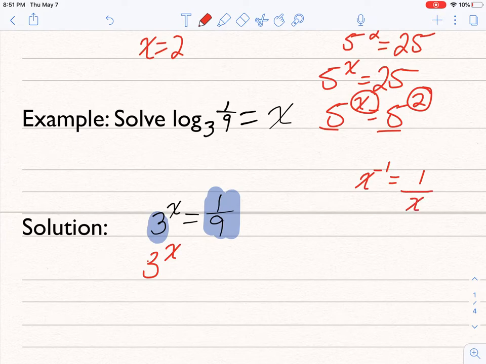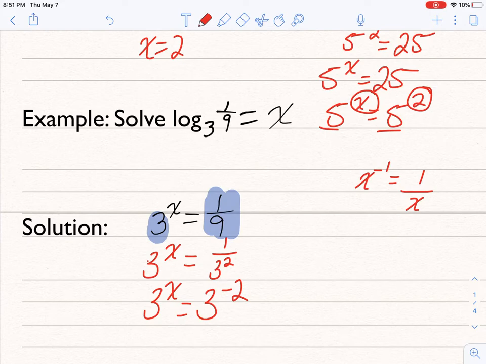Negative exponents just tell you to move to the bottom. So this 1 over 9 is really like saying 1 over 3 squared, which is the exact same thing as saying 3 to the negative second. Because I'm in the bottom at 3 squared, I can move it to the top and make it 3 to the negative second. All right?